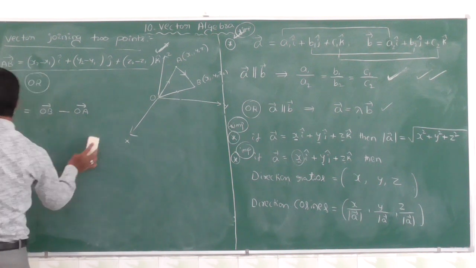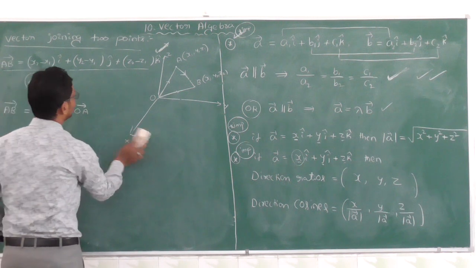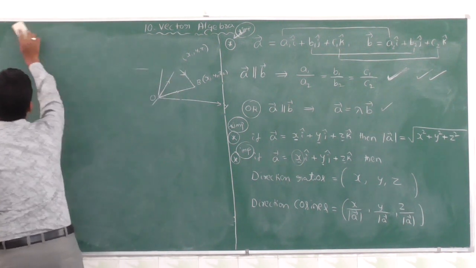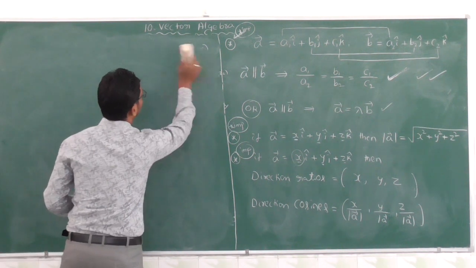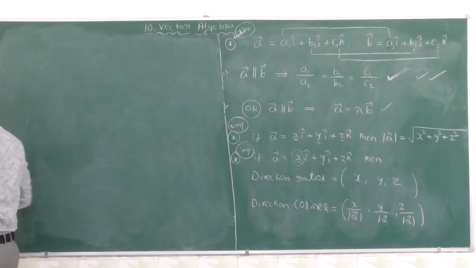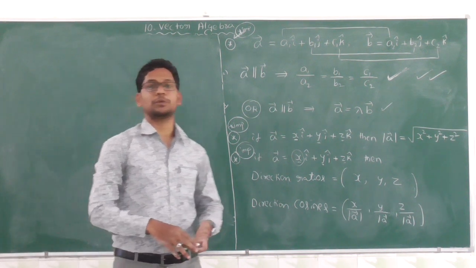Hence, these are the note points to find the vector joining two points, and also some points we have discussed, right? On the basis of these note points, we are going to solve the problems.